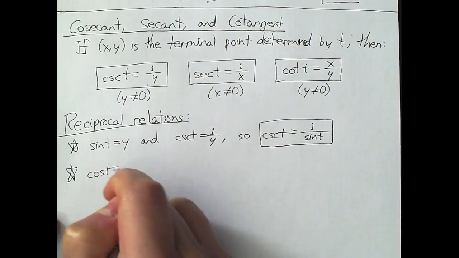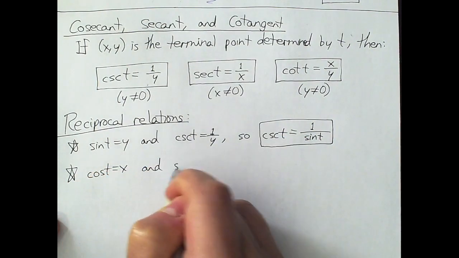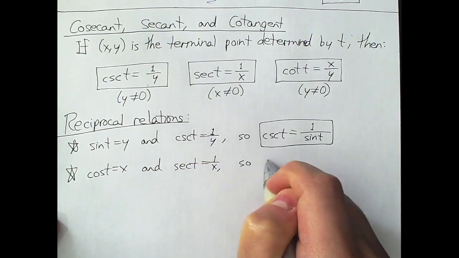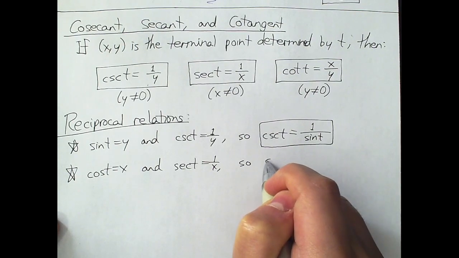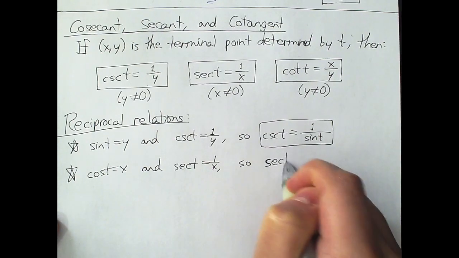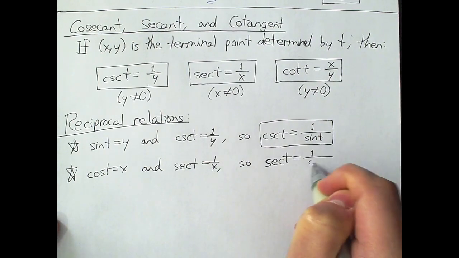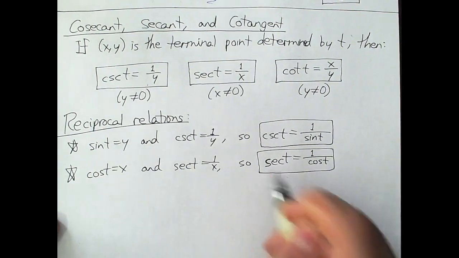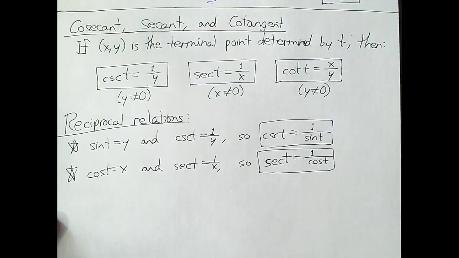Cosine of t is x, and secant of t is 1 over x. So secant of t is 1 over cosine of t. That's another reciprocal relation.